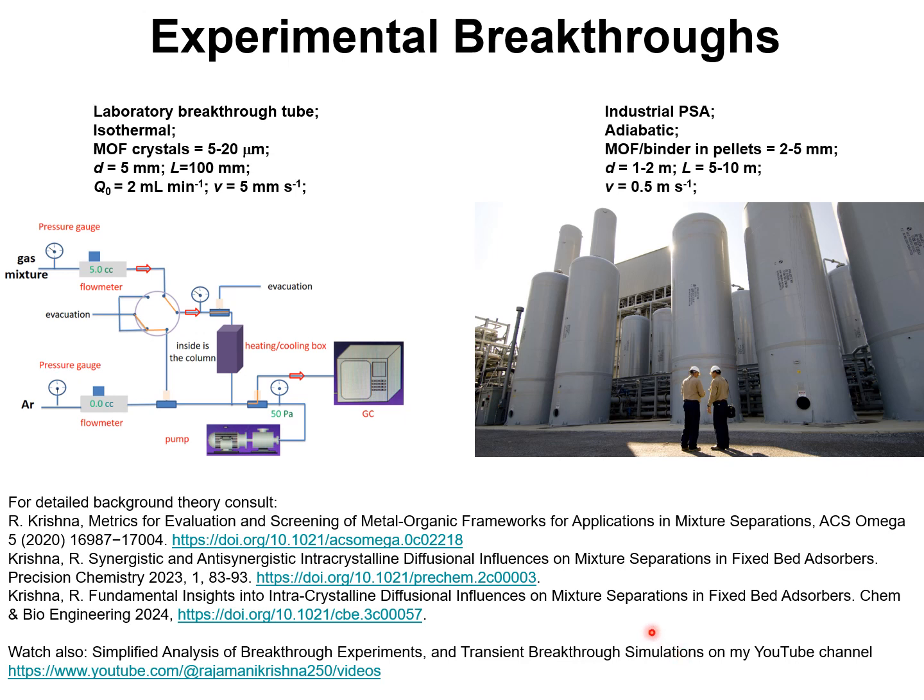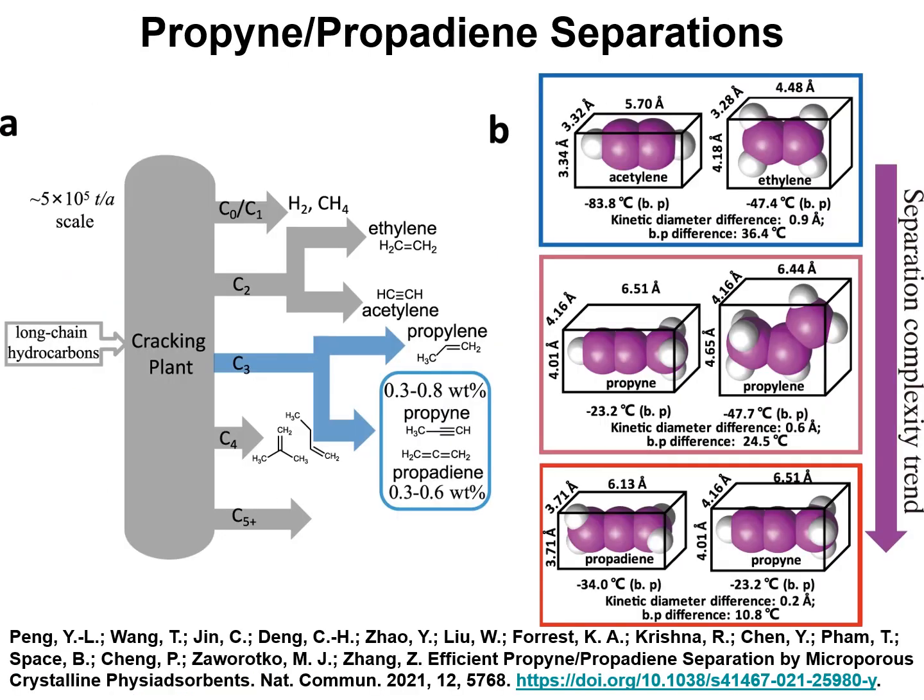I illustrate the methodology for simulation of breakthrough experiments by considering the example of separation of mixtures of propyne and propadiene. Propadiene is an important feedstock for organic synthesis, and an important source of propadiene is from cracking of hydrocarbons.